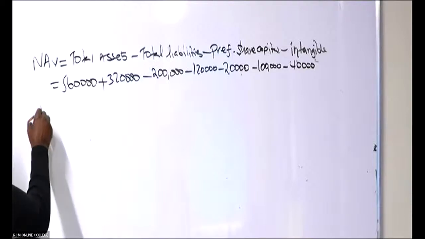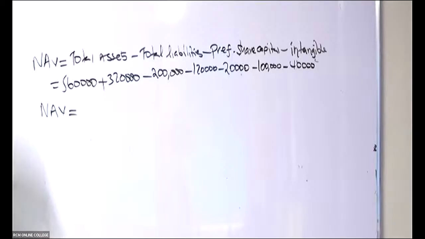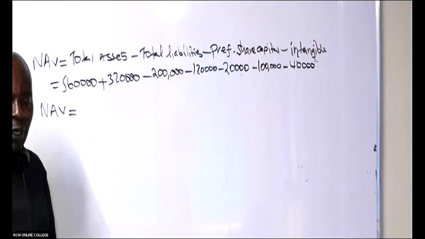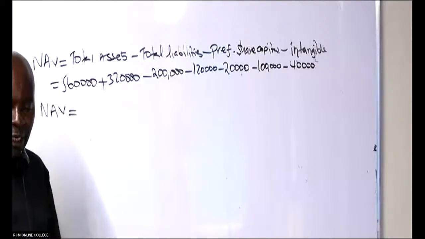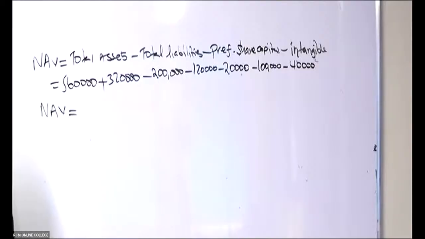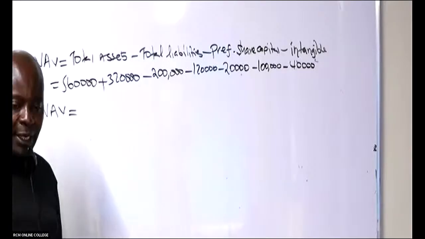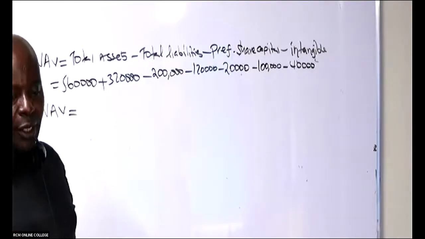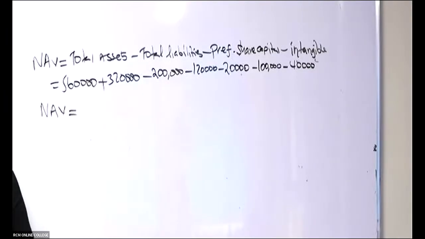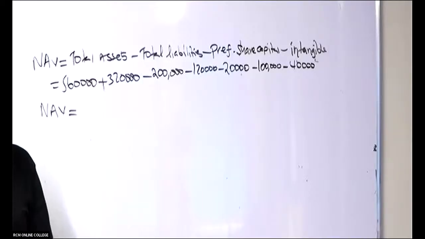So net asset value of the company, is there anybody who can easily give us the total figure? My wish and hope is that you're able to understand my language. We should be able to communicate. That is the most important thing. So net asset value. Pius gives me 112,000.